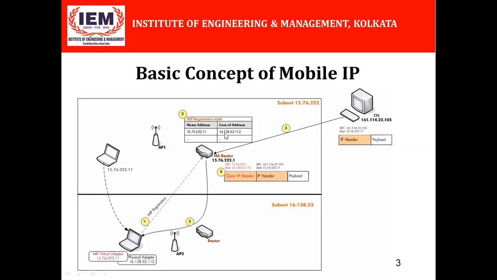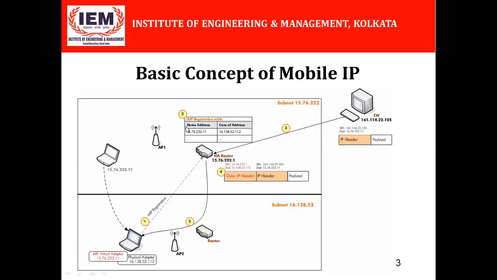So those two pieces of address information must be written over here. If I know the home address, I can map it to the care of address. If I know the care of address, I can map it to the home address. That's why this is the common table.